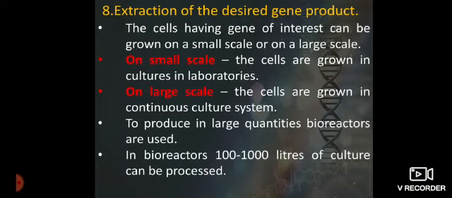On a large scale, the cells are grown in a continuous culture system. For this purpose, we use bioreactors. In bioreactors, we can culture 100 or 1000 liters of biomass at a time. There is a system in the bioreactors by which from one side we can insert the sample and from the other side we can take out the product. So, it is a continuous culture.